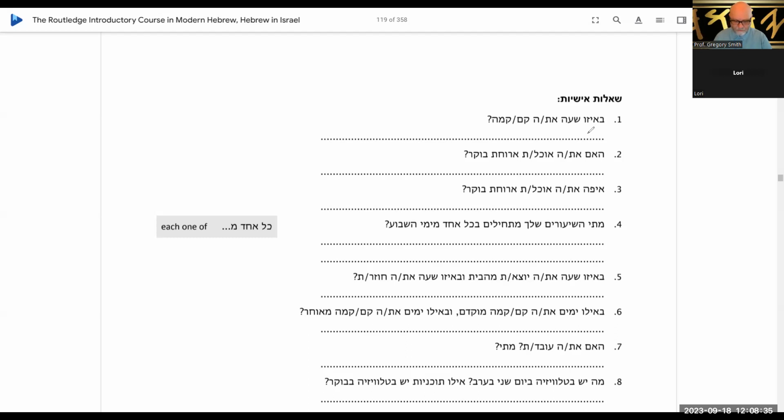Okay, so Batesha vahetzi baboker. But it doesn't like to spell it out for us, does it? אני קם ב-9:30 בבוקר. Okay, so Ani kam Batesha, or what I need to do is get Batesha Bahatzi.